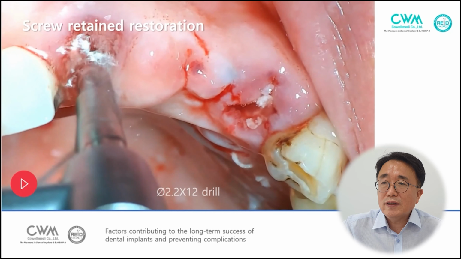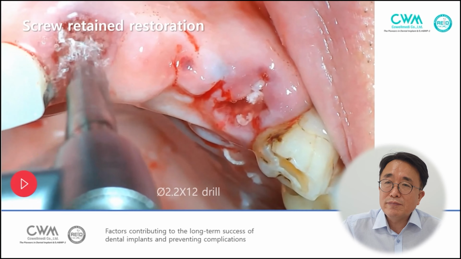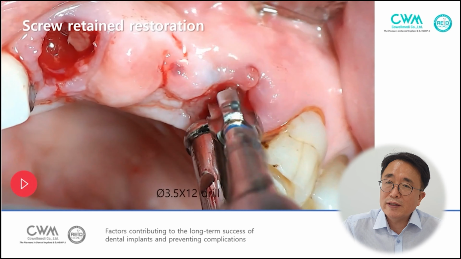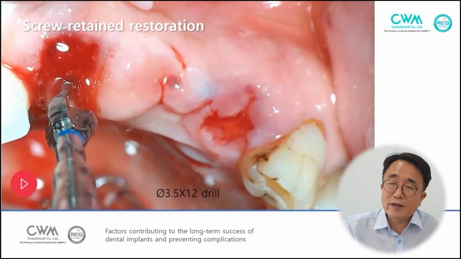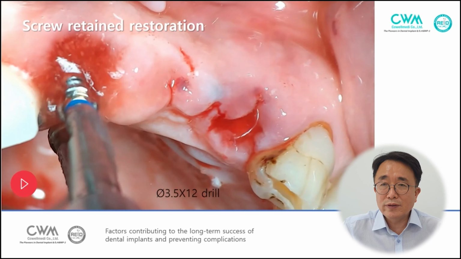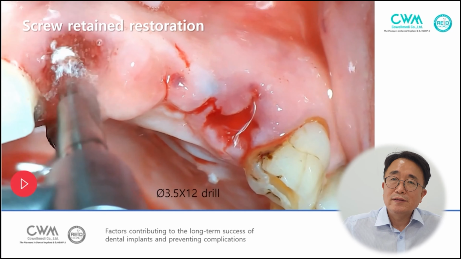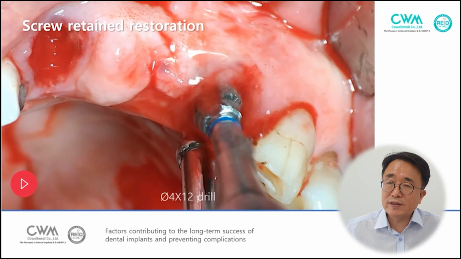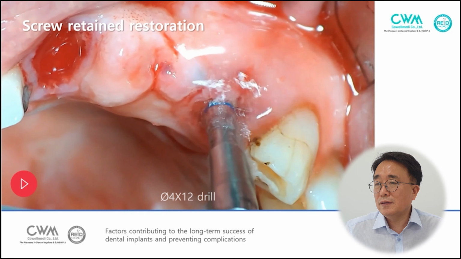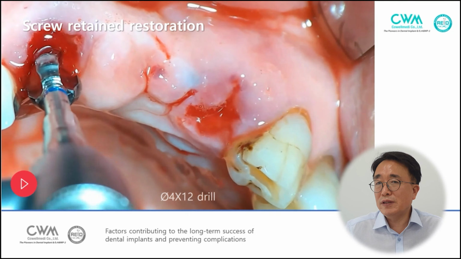And this socket had mild infection, not acute inflammation. So we can do immediate implant placement with extraction. There is no excessive bleeding because there is less infection.